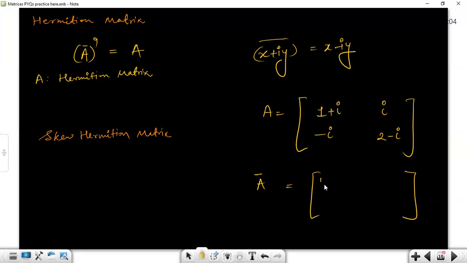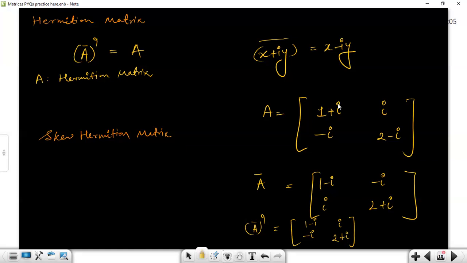So 1 plus iota becomes 1 minus iota, iota becomes minus iota, minus iota becomes iota, 2 minus iota becomes 2 plus iota. Now we'll take the transpose of the same. So 1 minus iota, minus iota, first row becomes the first column. Second row becomes the second column.